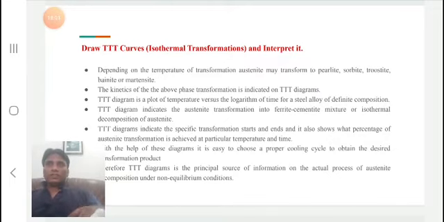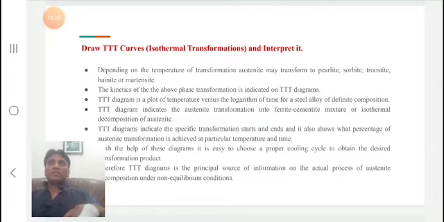TTT diagrams indicate the specific transformation starts and ends, and it also shows what percentage of austenite transformation is achieved at a particular temperature and time. With the help of these diagrams, it is easy to choose a proper cooling cycle to obtain the transformation product.